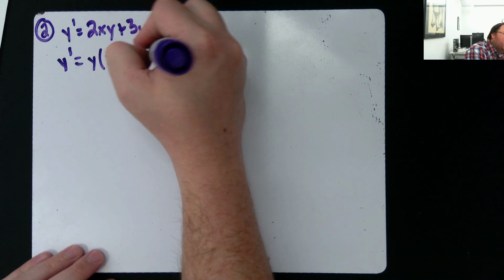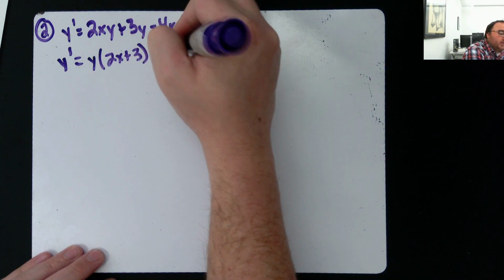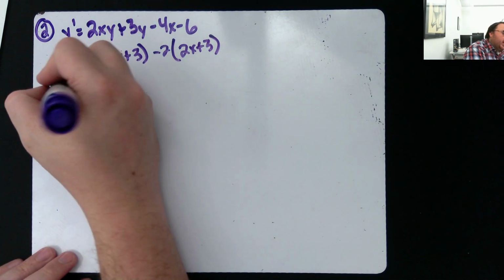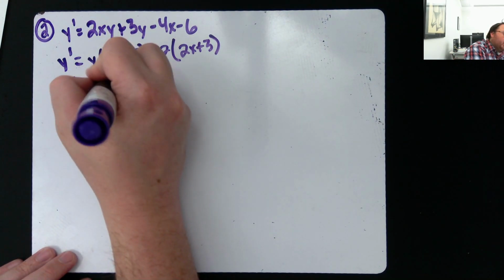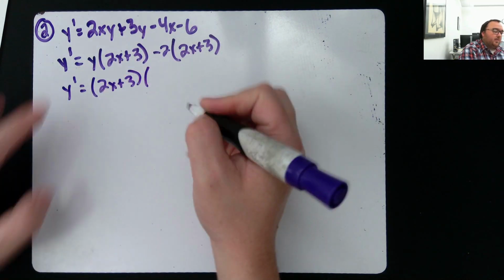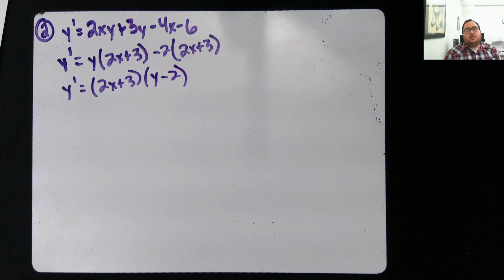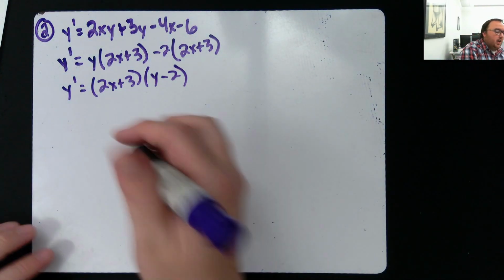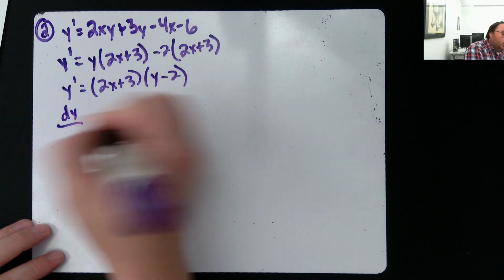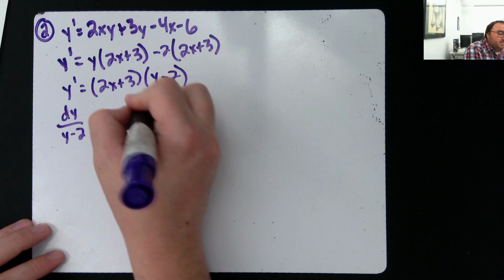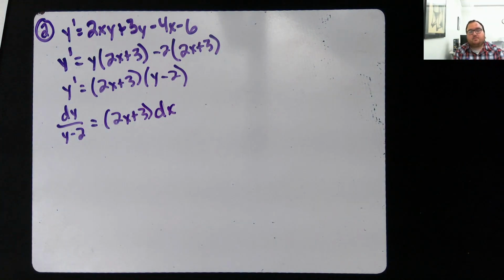So this is going to be negative 2 times, which also leaves me with 2x plus 3. Now both of those have a factor of 2x plus 3. So factor out 2x plus 3, and I'm left with y minus 2. Now it looks how I want it, because now I can bring the y's over here and make it dy over y minus 2 equals 2x plus 3 dx.